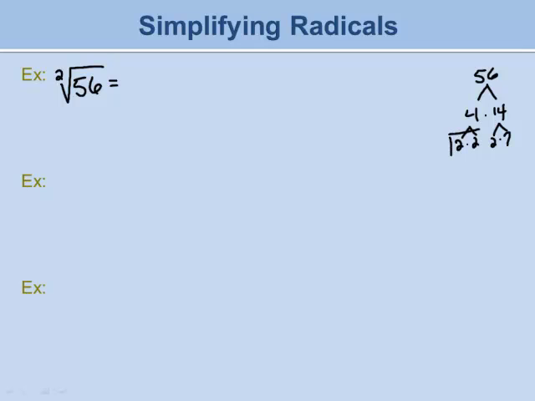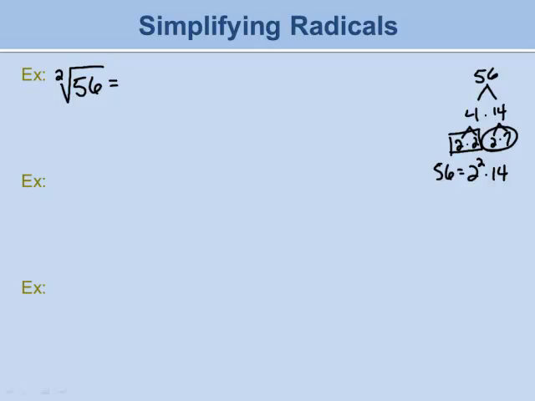And notice that 2 does appear twice, so we could rewrite 56 as 2 squared times, now do any other factors that are remaining appear twice? And the answer is no. We have a 2 and a 7 left, but since neither of those appear twice, there is no perfect square there. So you can recombine that as 14 if you want to.